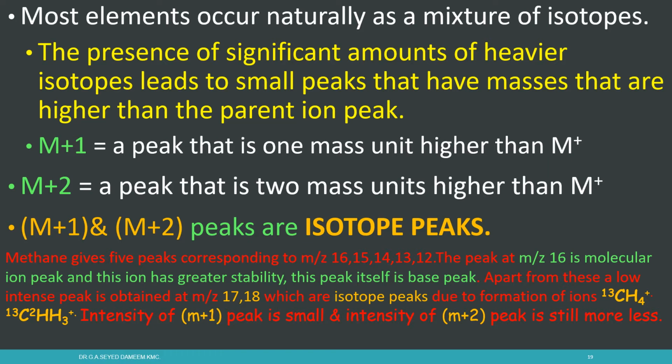Similarly, the peak with m/z 18 is obtained from the ion with carbon isotope 13, a hydrogen isotope with mass number 2, and normal hydrogen 3 times, plus dot. This ion gives the peak with m/z 18. So in the case of methane, the peaks obtained at m/z 17 and 18 are isotopics of methane.